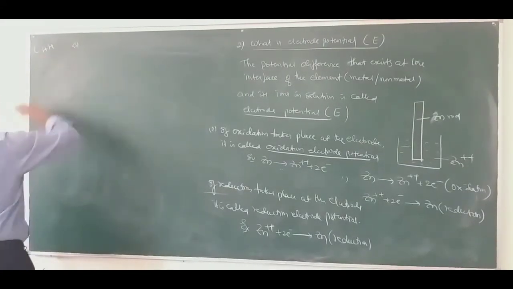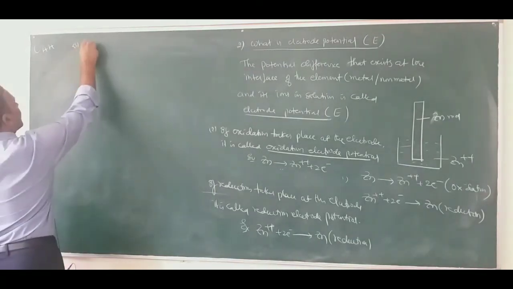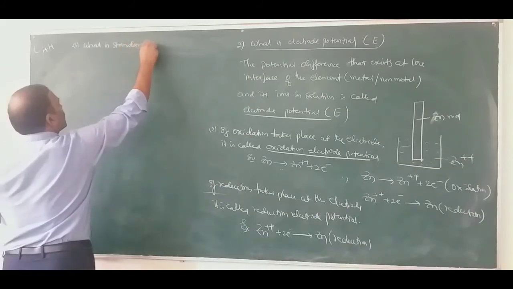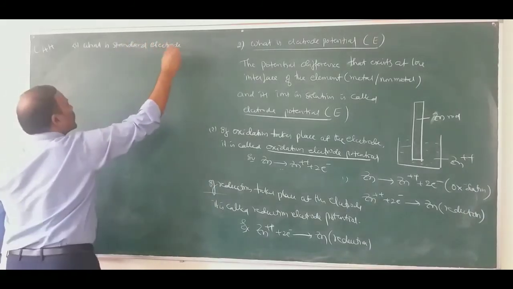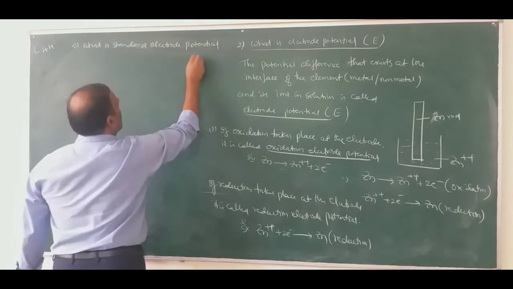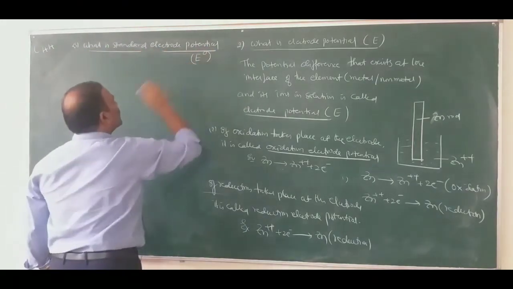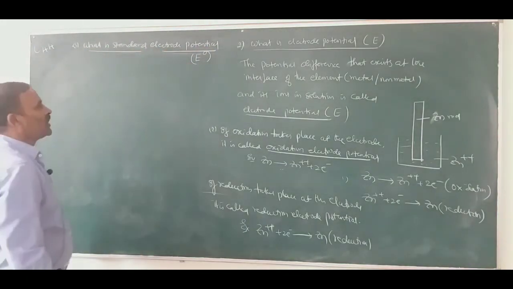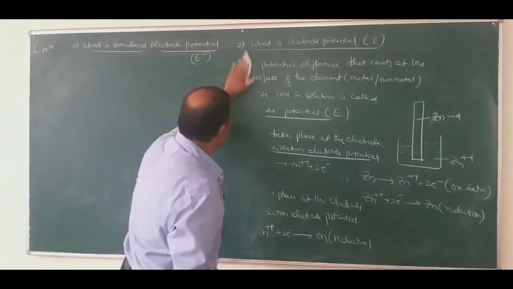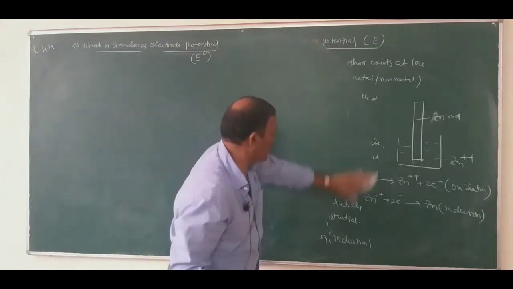So, dear students, now let us understand what is standard electrode potential. Standard electrode potential is denoted as E0. What is the difference between electrode potential and standard electrode potential?